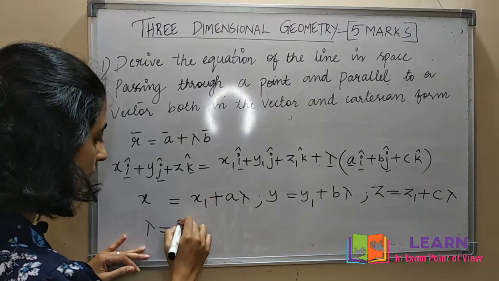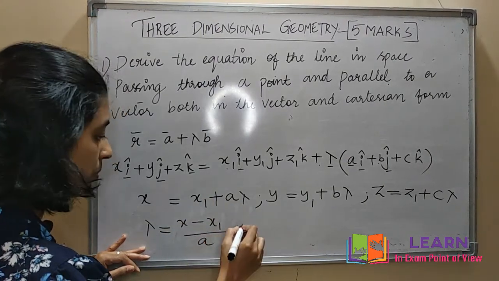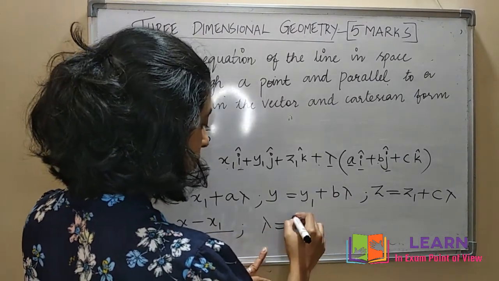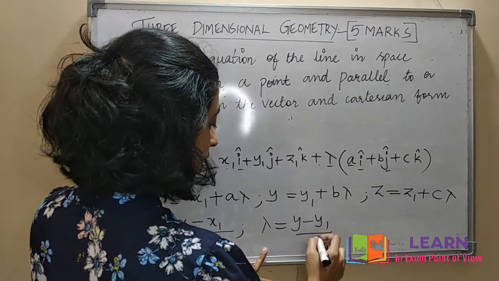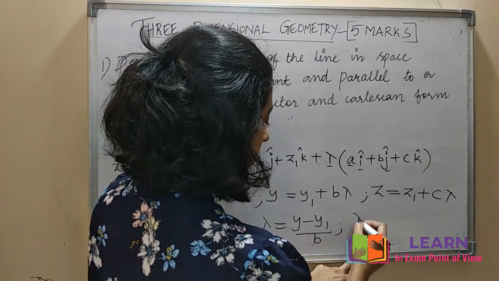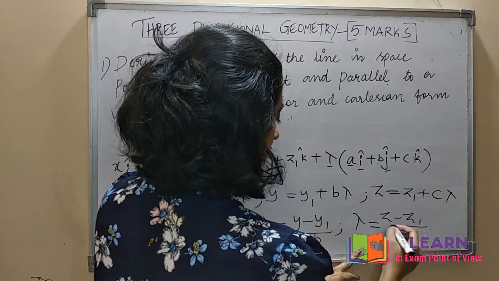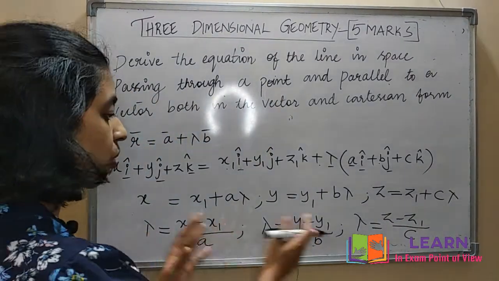This x1 will move to this side, so lambda equals x minus x1 divided by a. Then from the second, y1 moves to this side, so lambda equals y minus y1 divided by b. From the third, lambda equals z minus z1 by c. So equate all the lambdas, that is, all are equal.